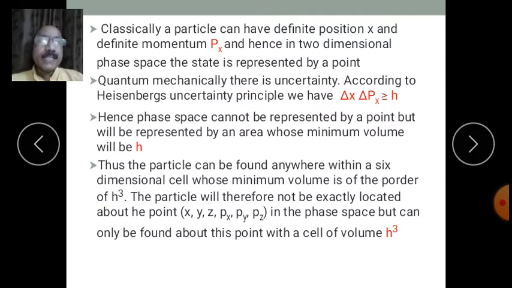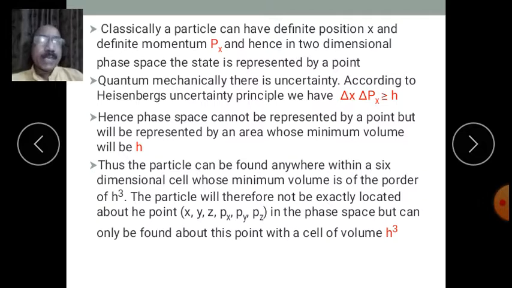And this is called a phase space, which represents the phase of motion of the particle. And this phase space can be divided into a number of cells of minimum volume h cube, which are called phase cells, isn't it?